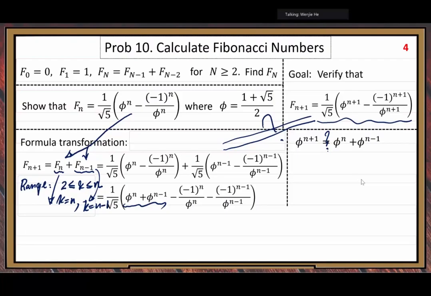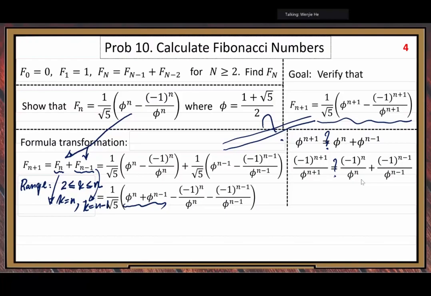We wish they are the same, and we wish these two equalities are true. Now, to see they are true, we use backward thinking.